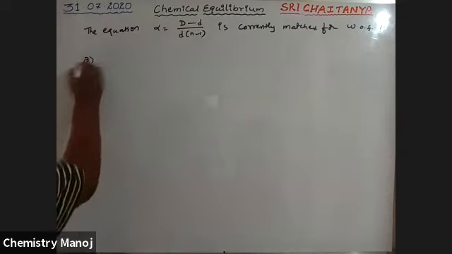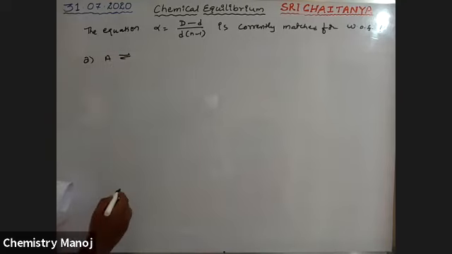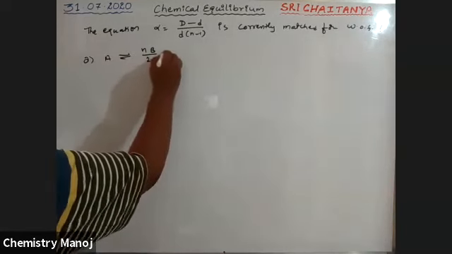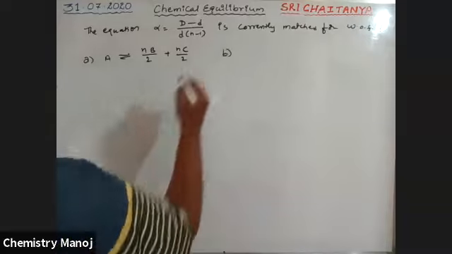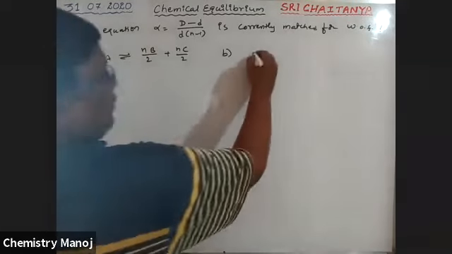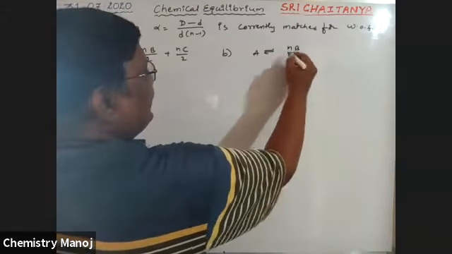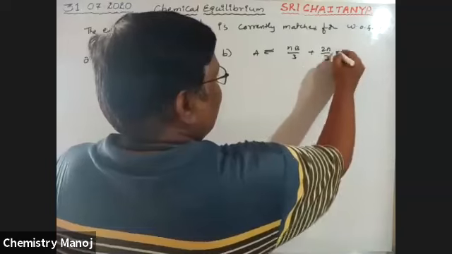So which one is correct? A reversible with nB by 2 plus nC by 2. B is equal to A reversible with nB by 3 plus 2nC by 3.